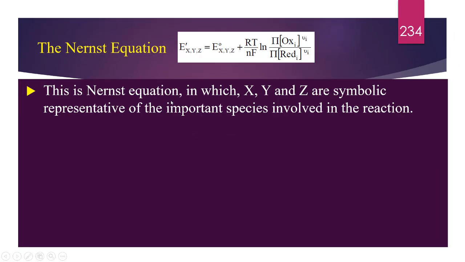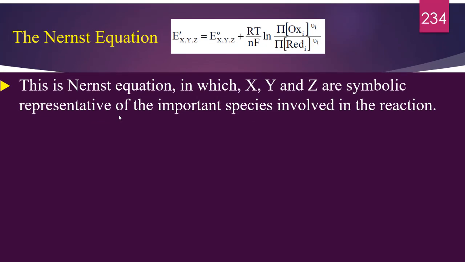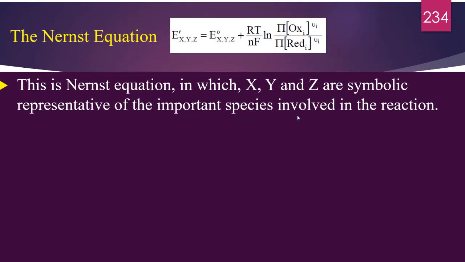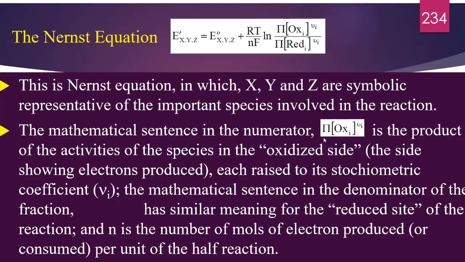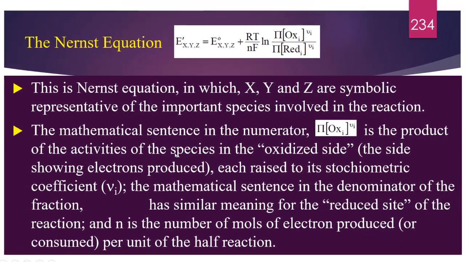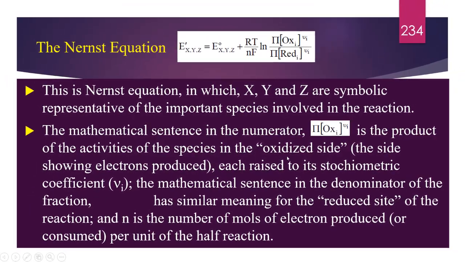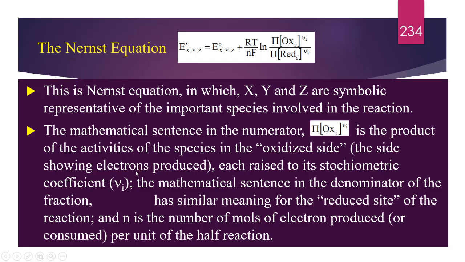This is the Nernst equation, in which X, Y, and Z are symbolic representatives of the important species involved in the reaction. The mathematical expression in the numerator is the product of the activities of the species in the oxidized side, the side showing electrons produced, each raised to its stoichiometric coefficient nu i.